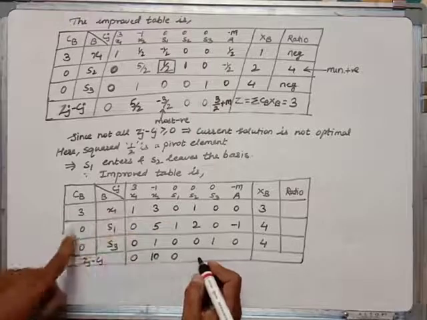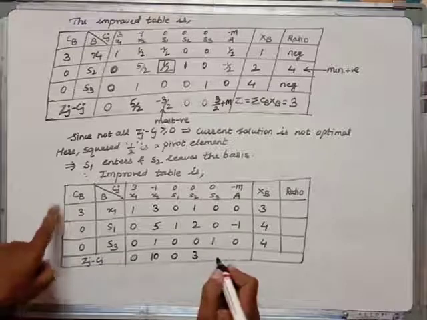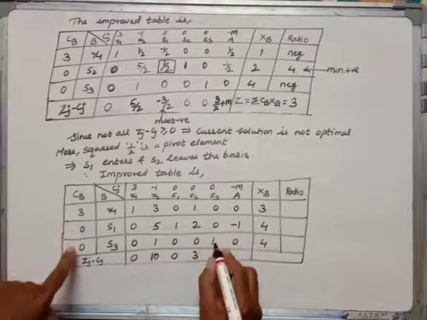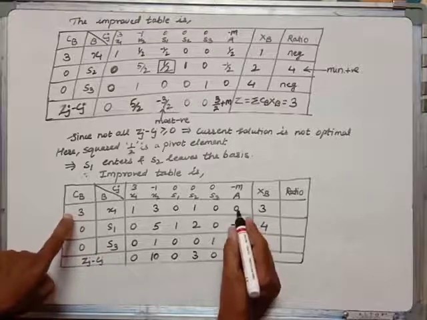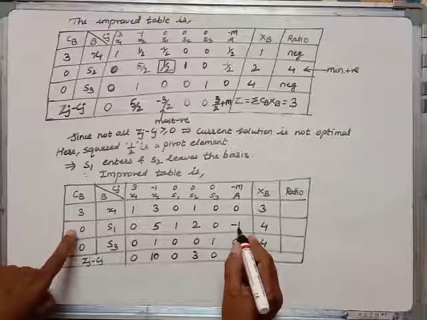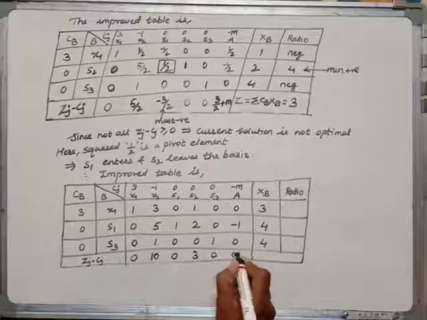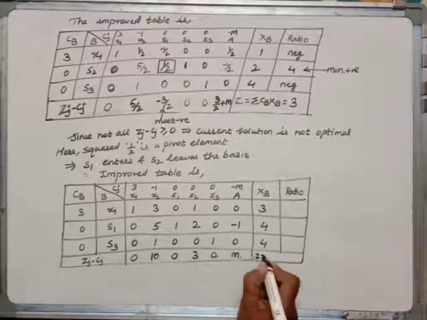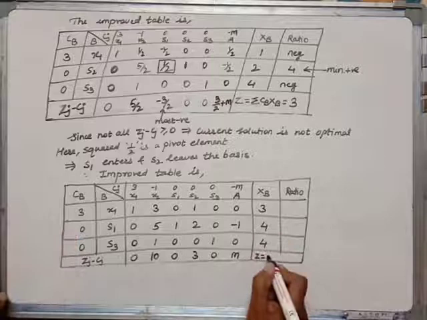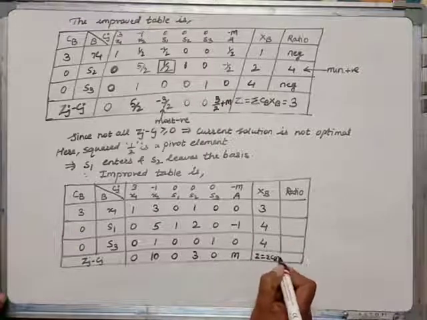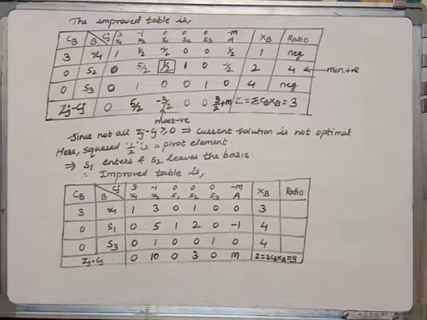Now 3, 0, 0 minus 0, so 3. Now 0, 0, 0 minus 0, so 0. Clearly S3 is in the basis. Now 0, 0, 0 minus minus plus M, so it is M. Now what is Z? Z is 9 plus 0 plus 0, so summation CB XB is 9.